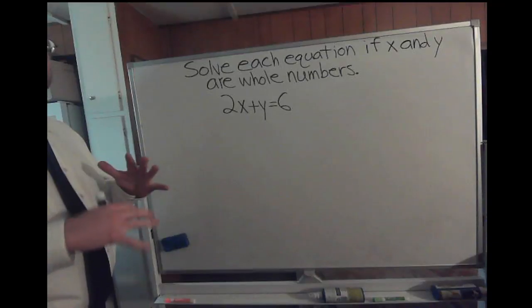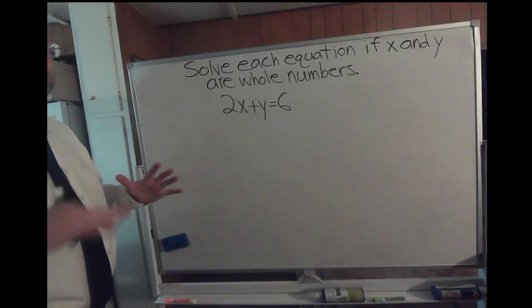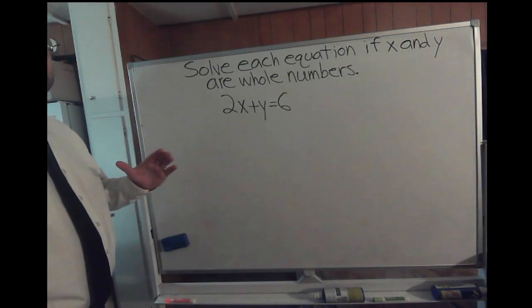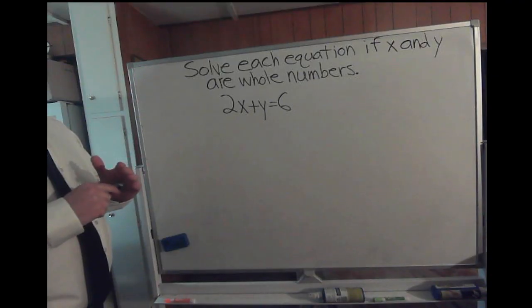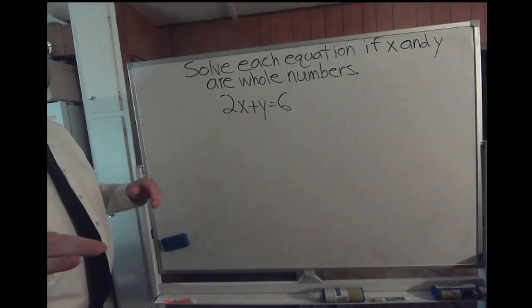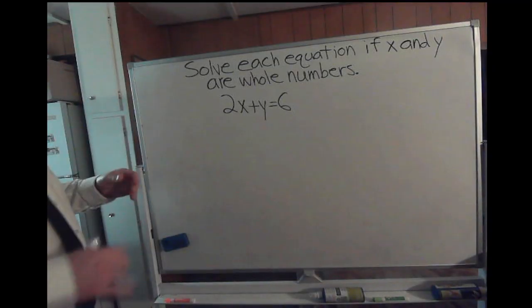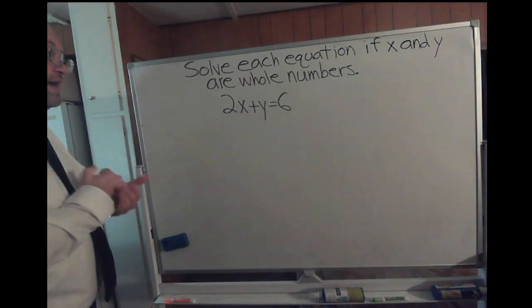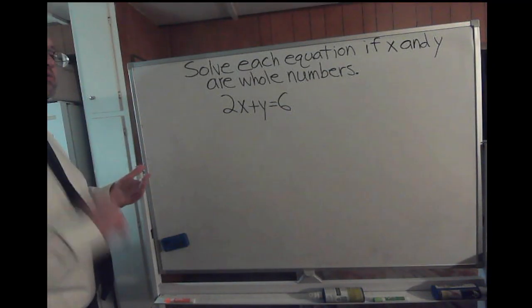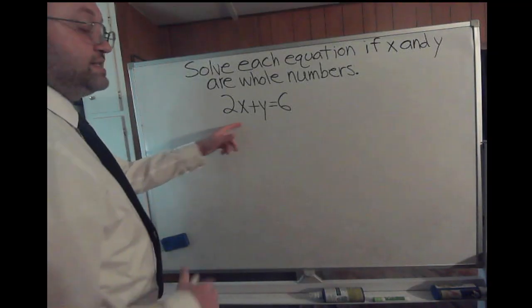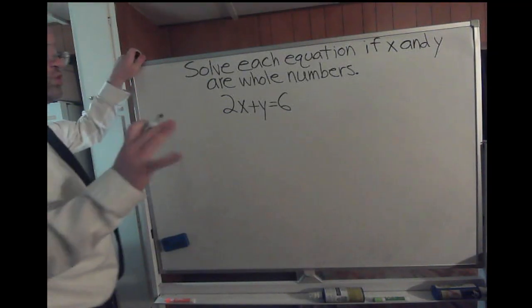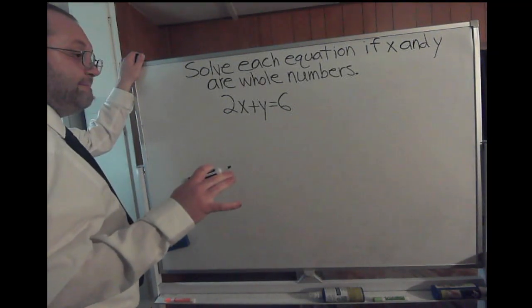They're integers of 0 and greater. There are no fractions, decimals, anything like that. Whole numbers are integers 0 and greater. No negatives, nothing. So, when you have a problem like that, first thing I would do is stick in a value for x. We're restricted to whole numbers here, okay?